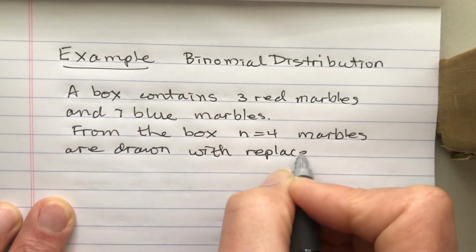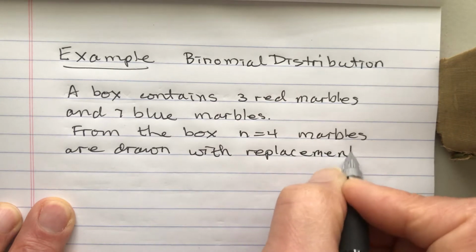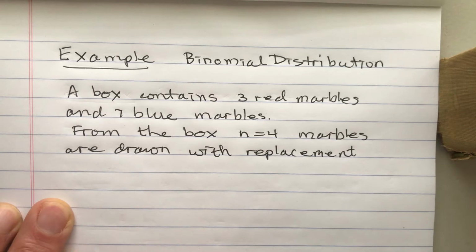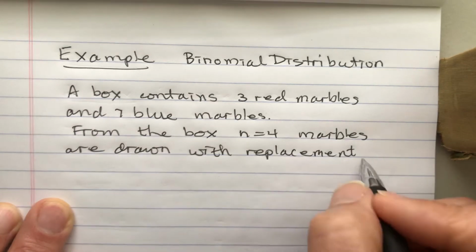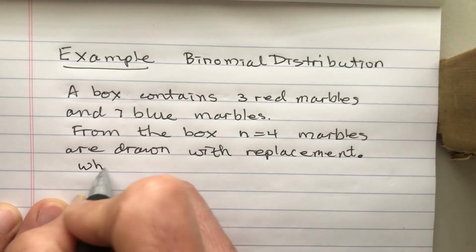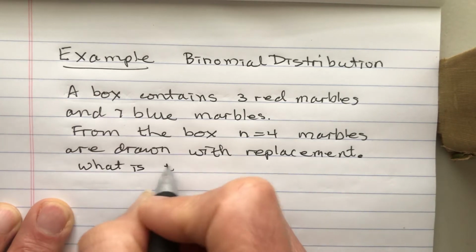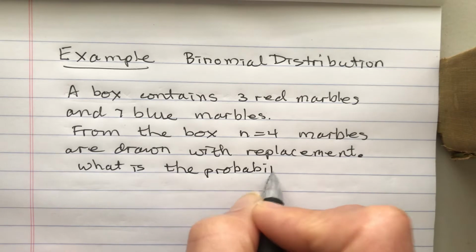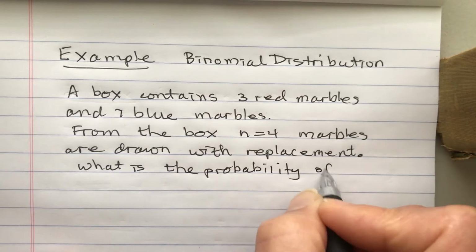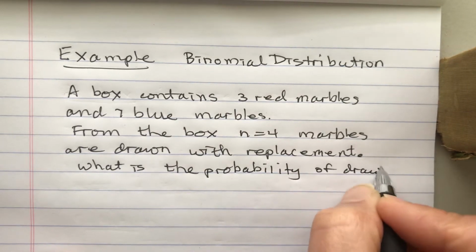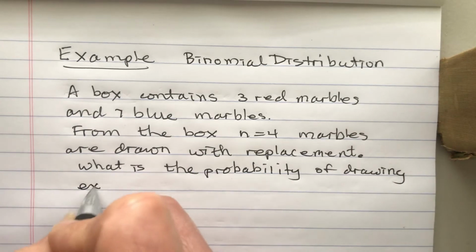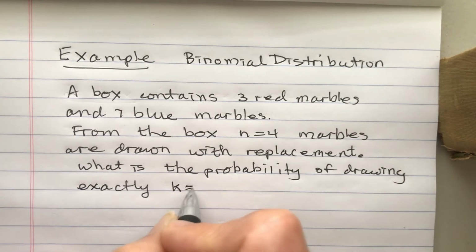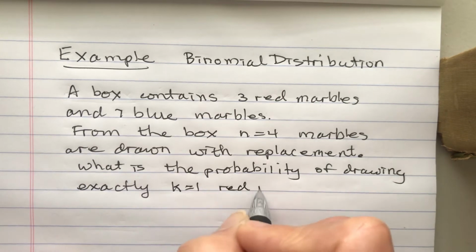So each time when you take the marble out, you put the marble back in. What is the probability of drawing exactly k equals 1 red marble?